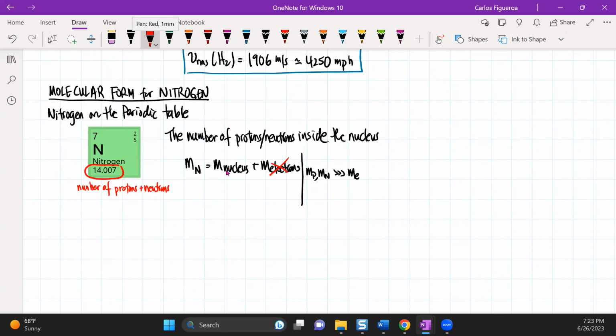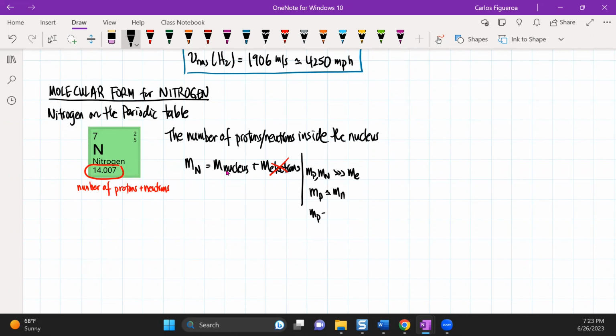It's so tiny. We don't have the sig figs. Another thing, one of the miracles of the nucleus is the mass of the proton is very close to the mass of the neutron. So if I have 14 neutrons and protons, I can treat them as 14 protons.